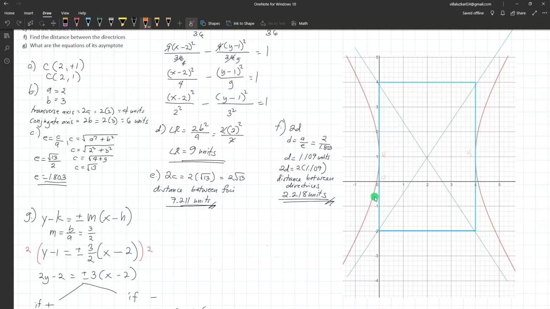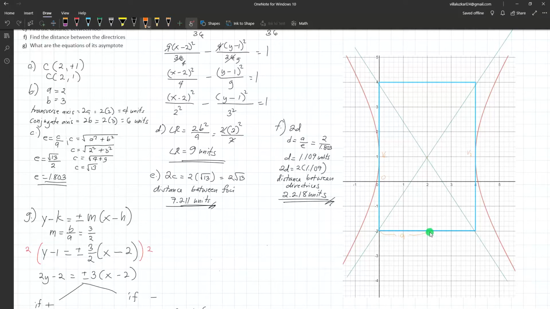The distance from the vertex to the center is a. This is distance a, and it's the same here.